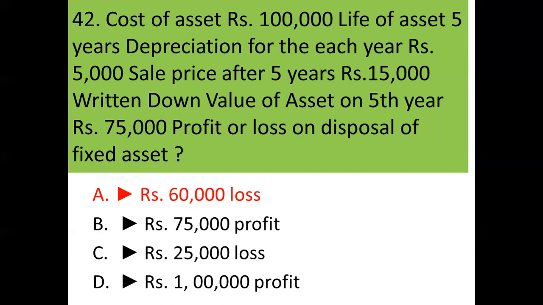With a loss, we have 100,000 minus 25,000 of accumulated depreciation and minus 15,000 of sales proceeds, and we remain with a loss of 60,000.